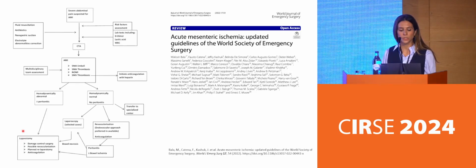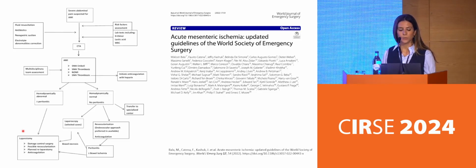Okay, the patient goes to CTA, and if we confirm the diagnosis, this patient should be assessed by a multidisciplinary team. There are some different scenarios here, but the main branches are: if you have a hemodynamically abnormal patient, maybe with signs of peritonitis, we should take him to surgery for damage control, and then choose between an open or endovascular revascularization.